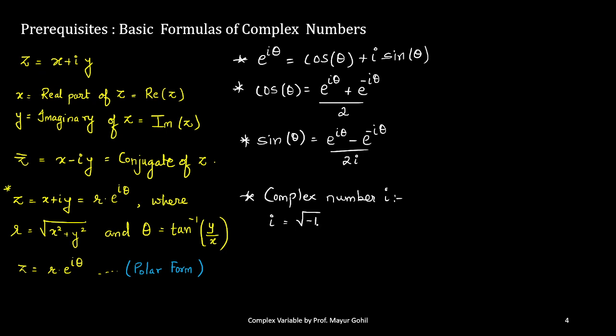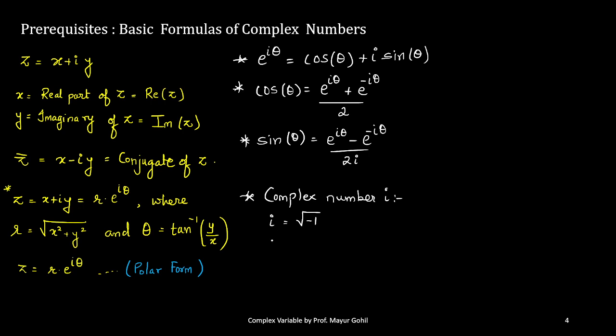But when you go to electrical engineering, then i stands for current, so we change the notation there from i to j. That's not a big problem. As far as mathematics is concerned, we shall always keep the notation as i.